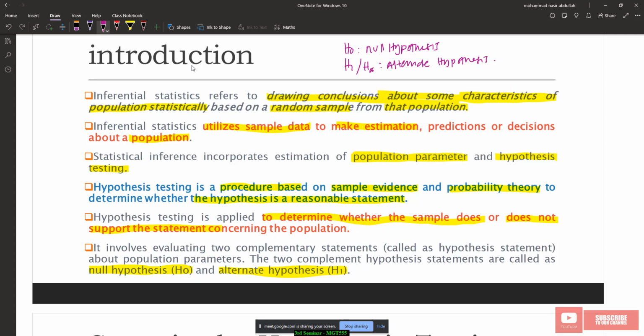So we have two statements in hypothesis testing. First is the null hypothesis, another one is the alternate hypothesis. The null hypothesis is the statement that we want to test. Let's look at page number 82, example number 5.1.